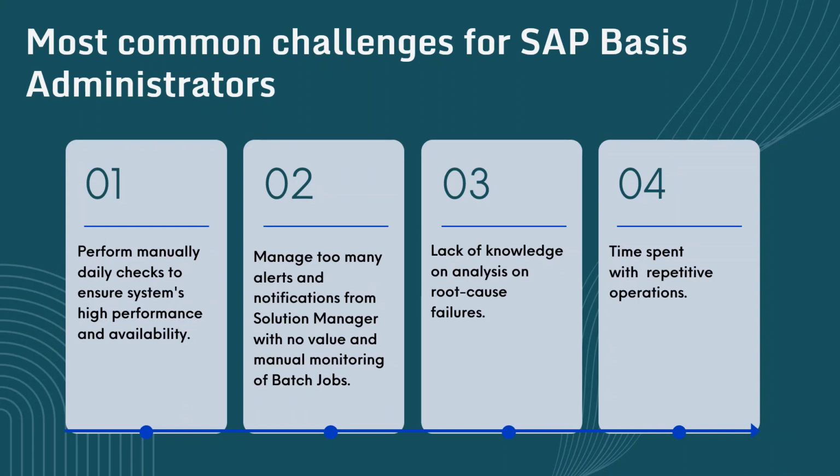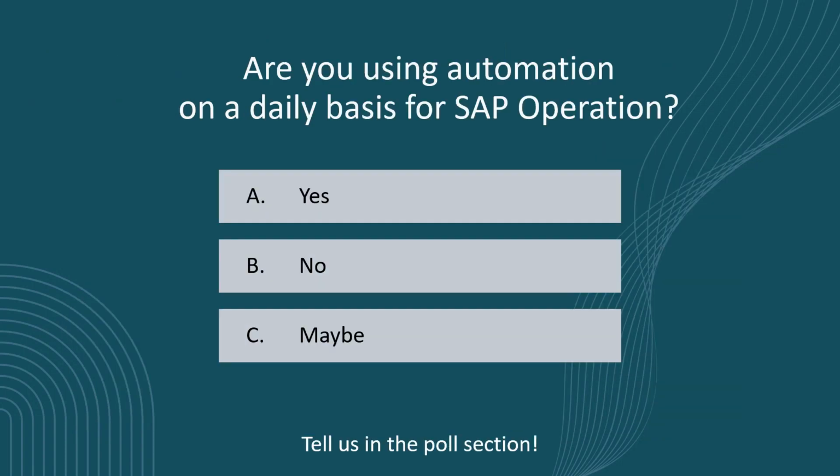So these are the challenges that typically fall to a basis administrator. I myself have been a basis guy for probably 28 years, so I've been in the trenches working with many different types of customers, and I think we echo these as part of the pain points.